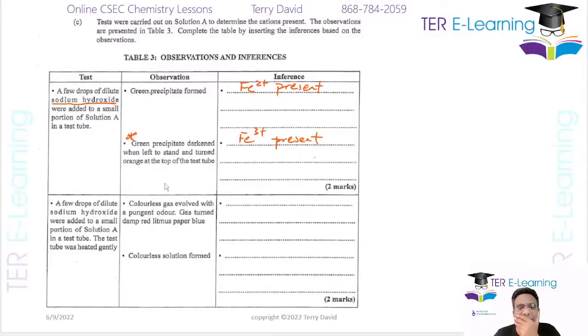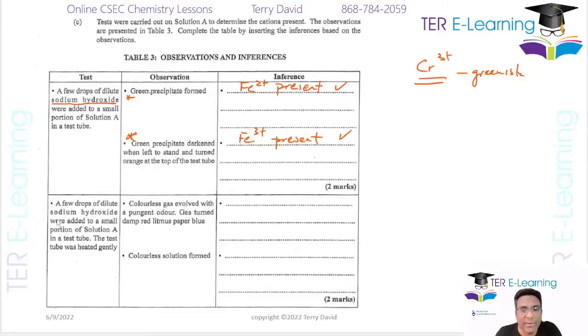We don't normally test, at least at the CSEC level, for Cr3+, which is chromium. Chromium is also greenish. But I'm going to stick with these two answers, Fe2+ and Fe3+, as my ions present at that point in time.